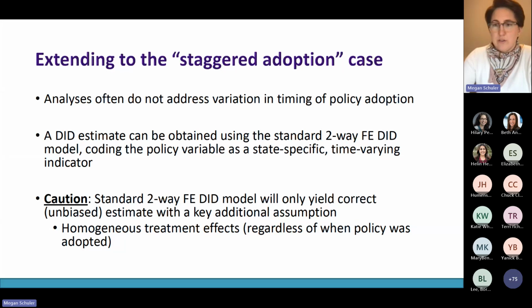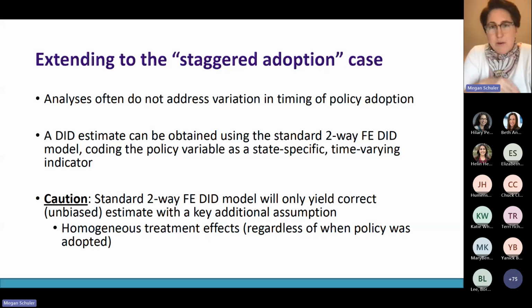So kind of, quote unquote, historically, difference and difference analyses did not really focus on this issue of staggered adoption, because even if your data is formatted like this, you can simply apply the classic diff and diff two-way fixed effects model. It will run, it will give you a policy estimate.